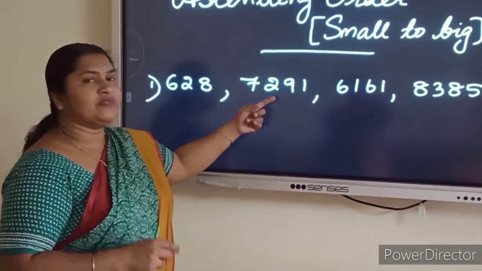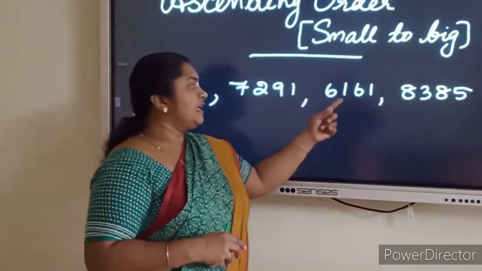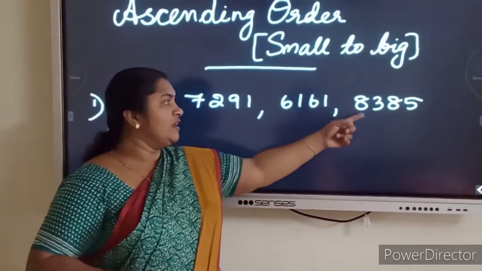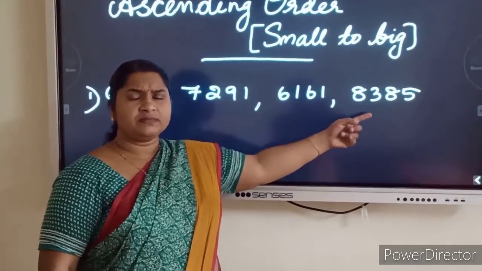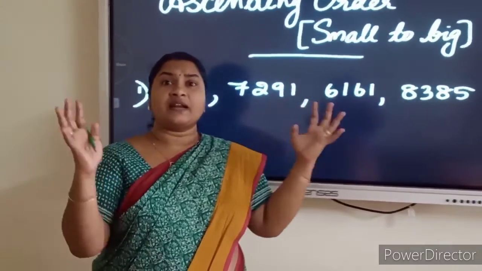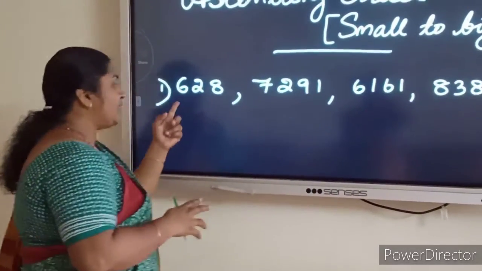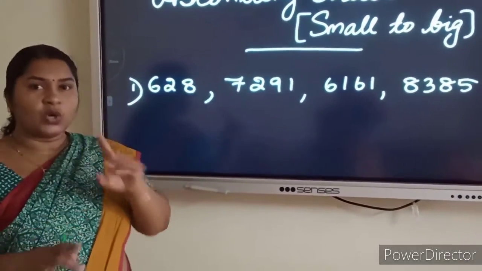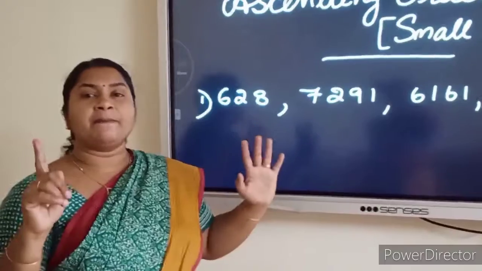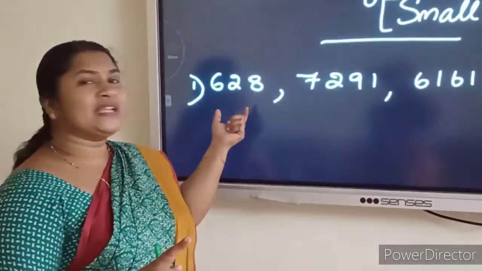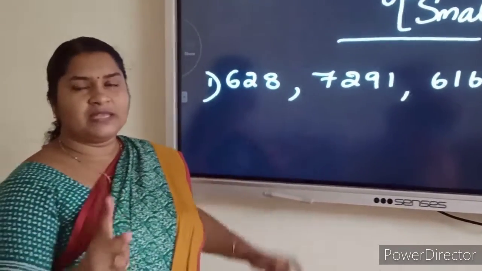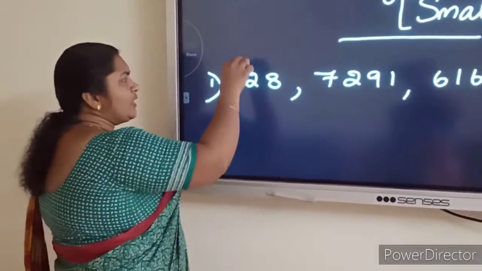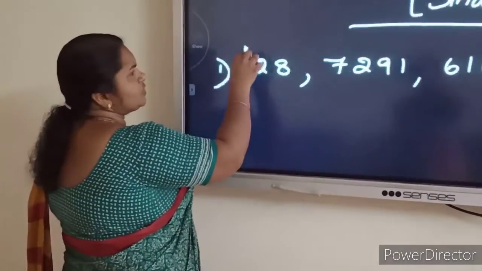Here this number has 4 digits, here we have 4 digits and here we have 4 digits. If the number of digits is different, here we have 3 digits, there all we have 4 digits, so definitely the number with the smaller number of digits will be the smallest. So this will be the smallest.